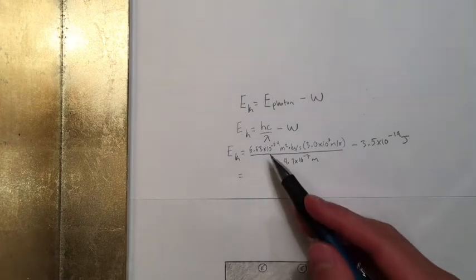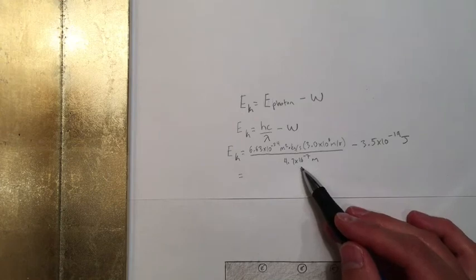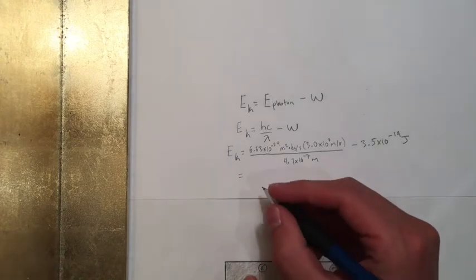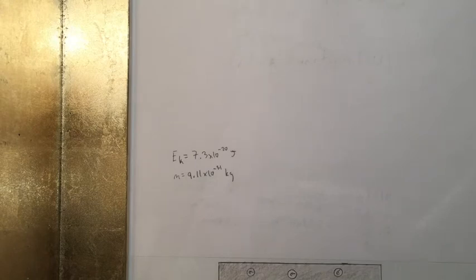Once we plug in Planck's constant, speed of light, divided by our wavelength of blue light, minus the work function for this metal, we get the answer 7.3 times 10 to the negative 20 joules of kinetic energy for the electron released when we shine blue light on the metal.